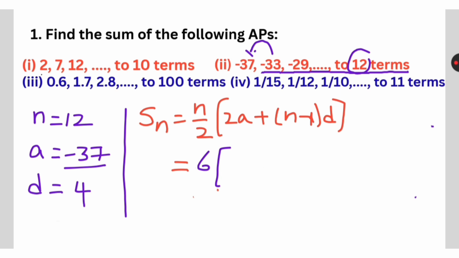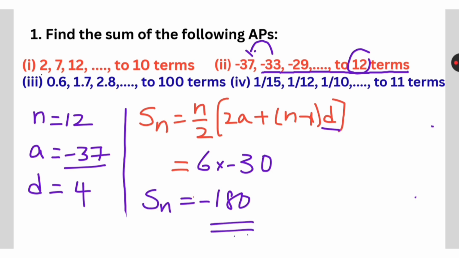So here we get minus 74 plus n minus 1, that is 12 minus 1, that is 11, times d which is 4. 11 times 4 is 44. Minus 74 plus 44 gives minus 30. 30 times 6 is 180 and here we have a minus. So Sn is minus 180.